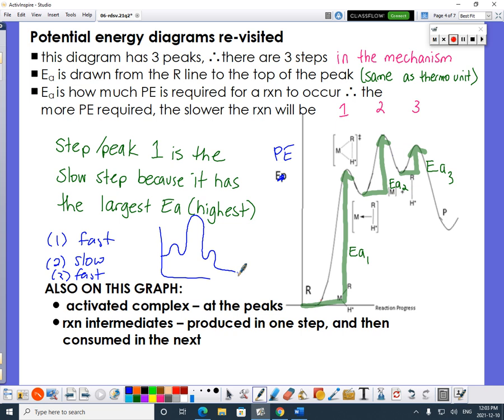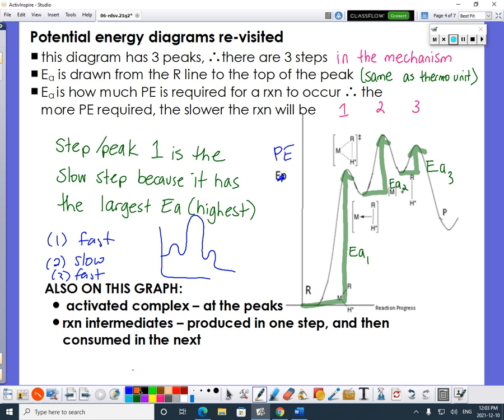It's trying to show that it's sort of being broken and not really formed. These are intermediary substances. I don't expect you to do that, but if you see that kind of thing, that's what it means. What I want you to be able to do is say where the activated complexes would be. Do you have to say what they are? No.